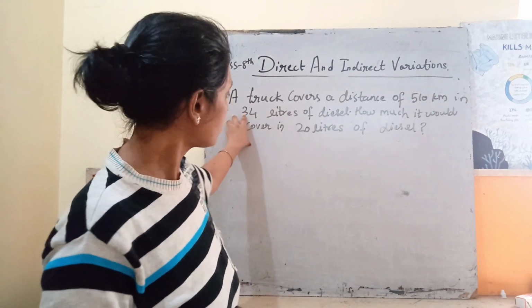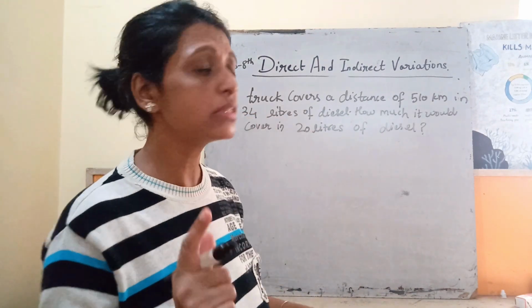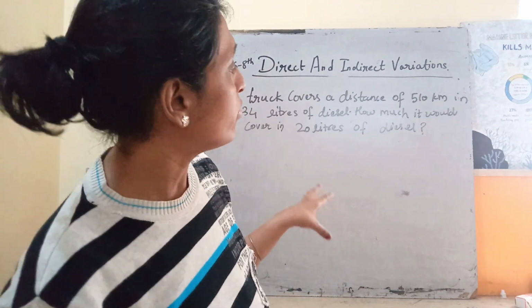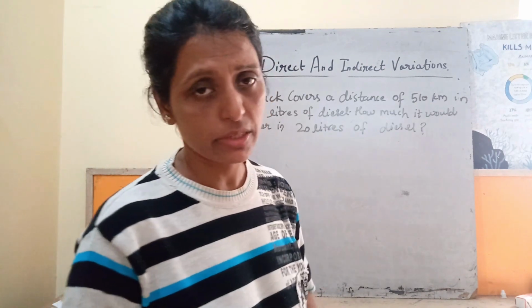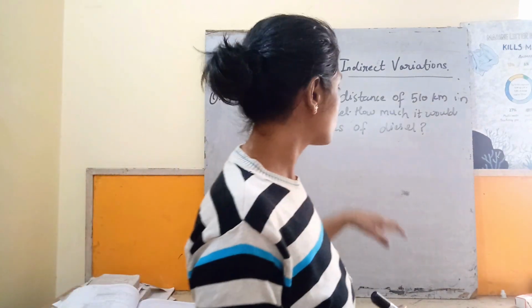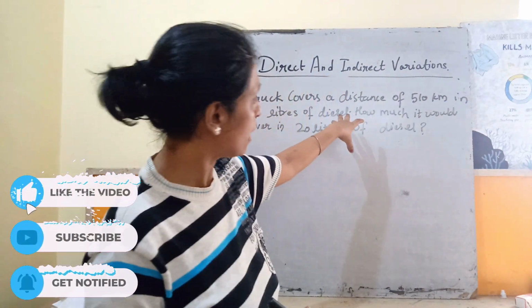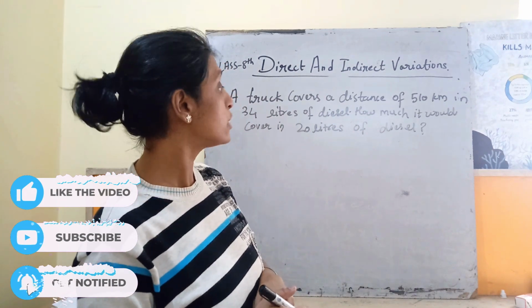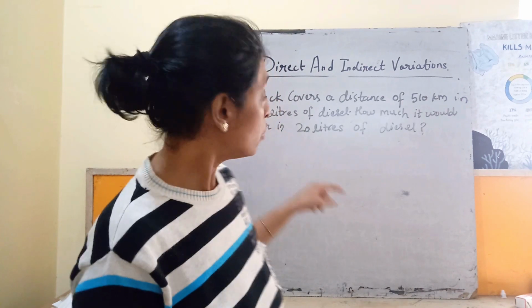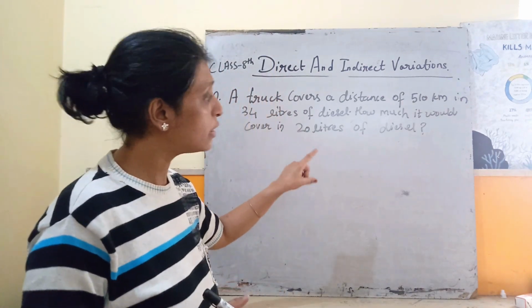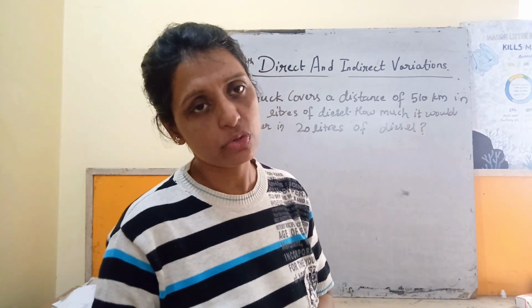The truck travels 510 kilometers in 34 liters of diesel. We have to find out how much it would cover in 20 liters of diesel, that is, the distance traveled by the truck in 20 liters of petrol.